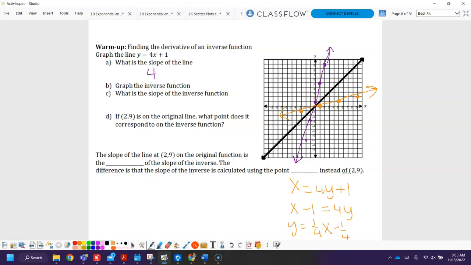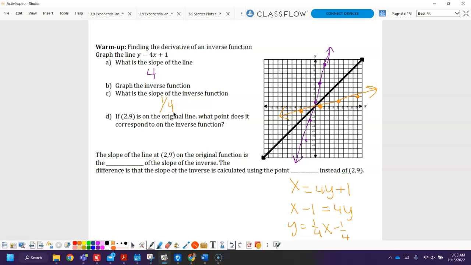So the inverse derivative is going to have a relationship with 1 and the derivative of the original.